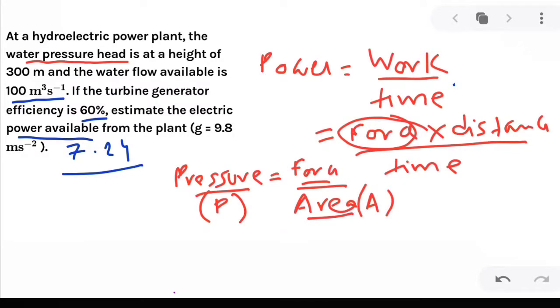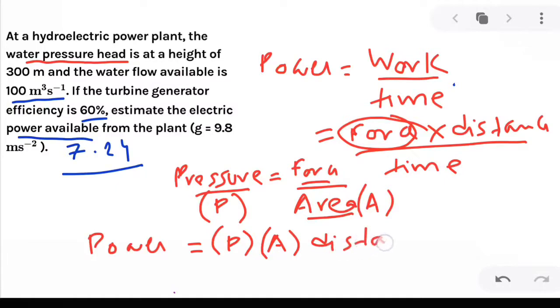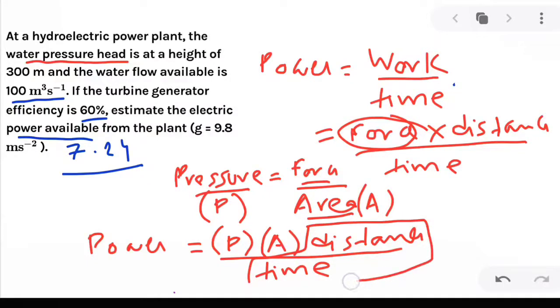So we have power as pressure into area into distance divided by time. Now distance divided by time, this quantity can be replaced by velocity.